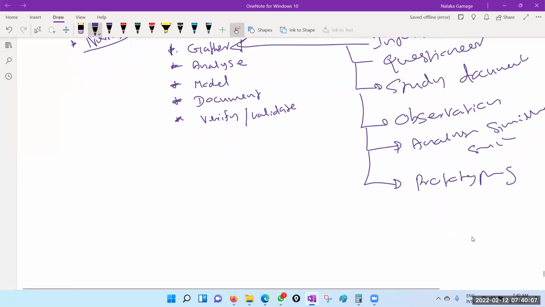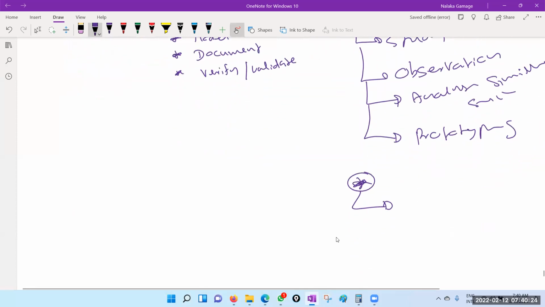But now our main approach is, can someone tell me what is our main approach? How does the modern software development gather requirements? Especially in Agile. So it's called joint requirement gathering or joint development also.